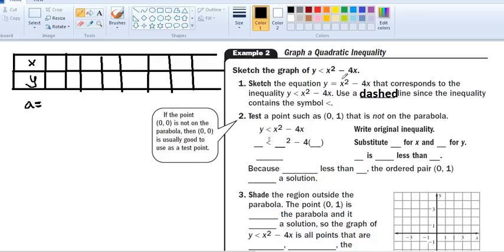A is going to be, there's a 1 right there. So A is worth 1. B, as you see over here, is worth -4, because that's what's attached to the x. And then there is no number after the -4x. So C is actually just nothing here. It's 0. We do need it.